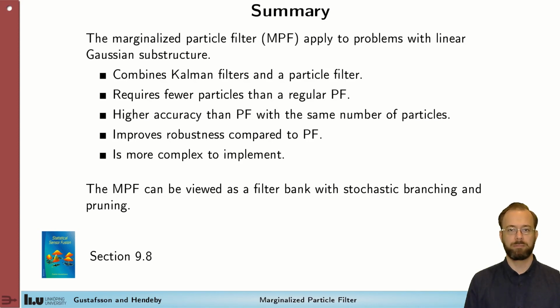It, in that way, improves the robustness compared to the particle filter. The downside here is that it's a more complex algorithm to implement. An interesting aspect of the marginalized particle filter that I've been looking into quite a lot is that it can be viewed as a filter bank of Kalman filters with stochastic branching and pruning. I think this gives additional insights into the problem and also into the solution that it provides. I hope you find it interesting as well.